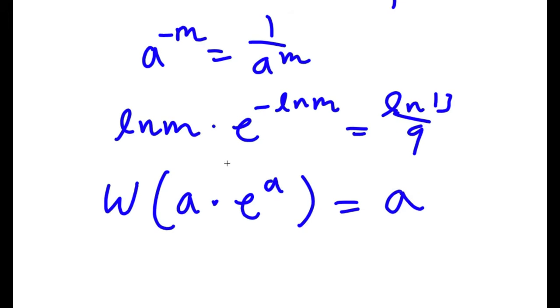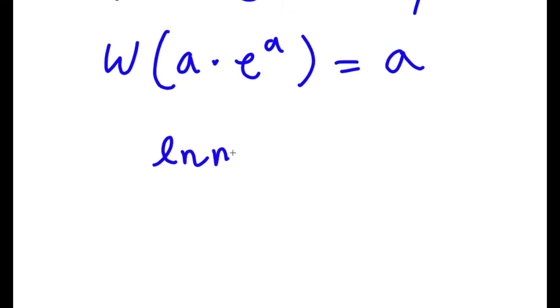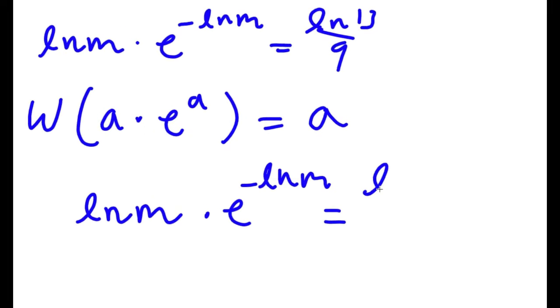So I'm going to be using this Lambert W function on our equation here. So our equation is ln m times e to the power of negative ln m is equal to ln 13 over 9.